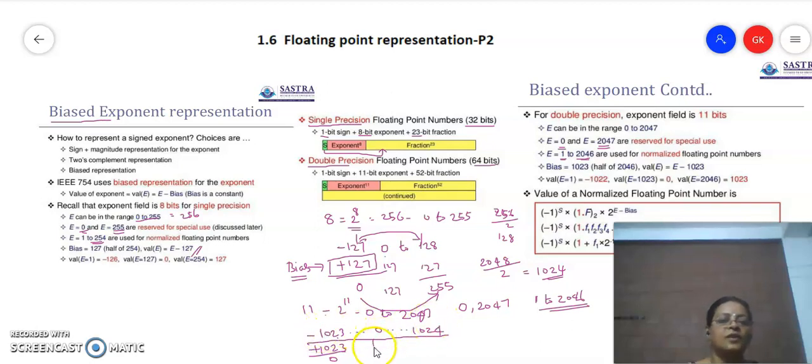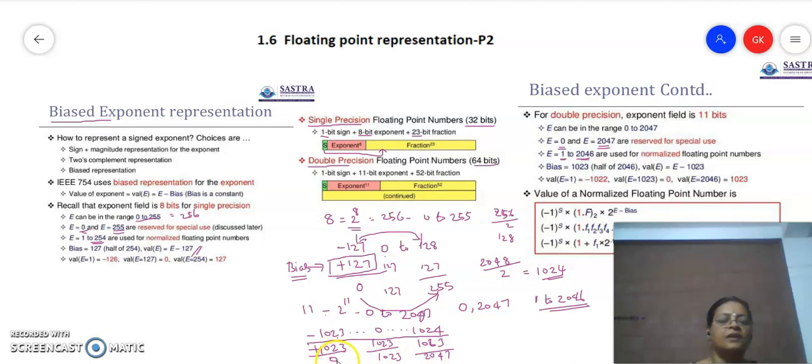So if it is 0, I add 1023 as the bias value and get 1023 here. The same is also added to the largest value in the range. So 1024 plus 1023 with the bias added, you will get 2047.